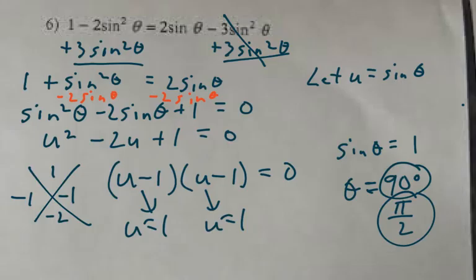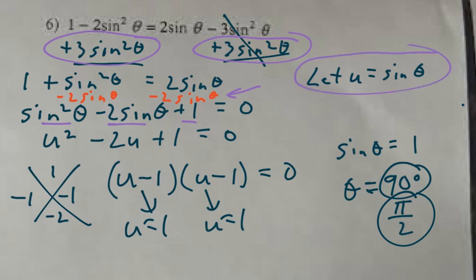All right, one more. Here I added 3 sine squared to both sides to get my sine squares together. I then, you notice, subtracted 2 sine from both sides. Rearranging it, I got sine squared minus 2 sine plus 1. I let u be sine theta.